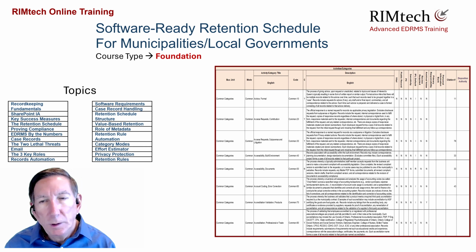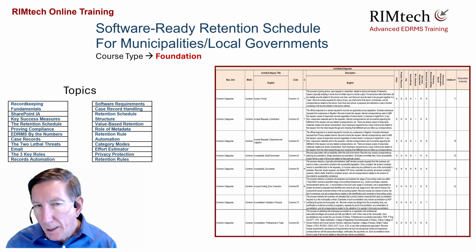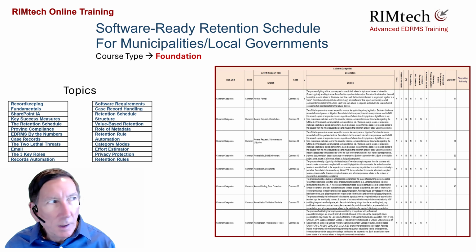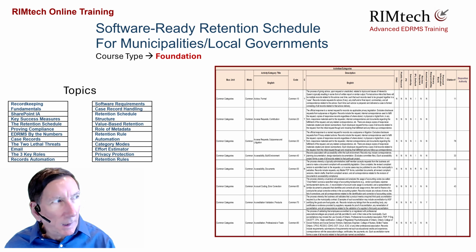And very importantly, we'll look at the role of metadata, because in order for the machine to act on a retention rule, it has to have metadata, which in turn goes back to the SharePoint IA, or information architecture. Here's the big secret. The retention schedule drives the SharePoint IA. What is the SharePoint IA? It's the answer to this question. Where do we store our stuff in SharePoint?